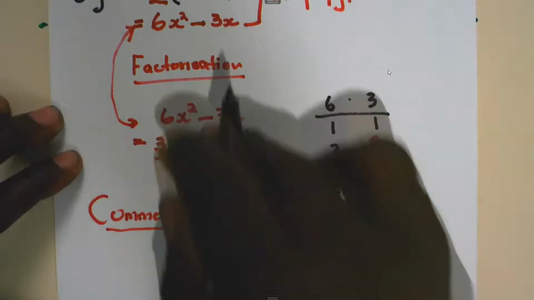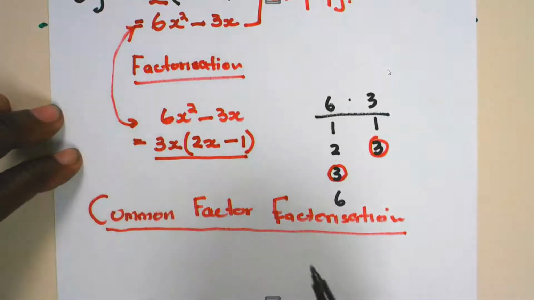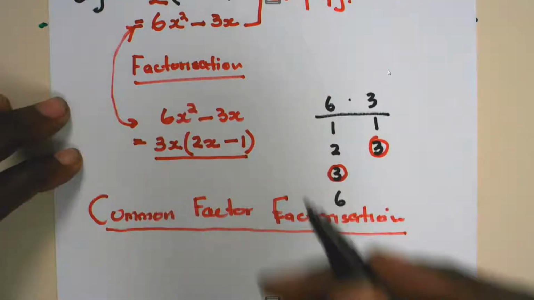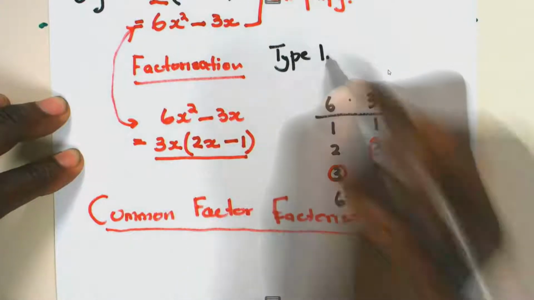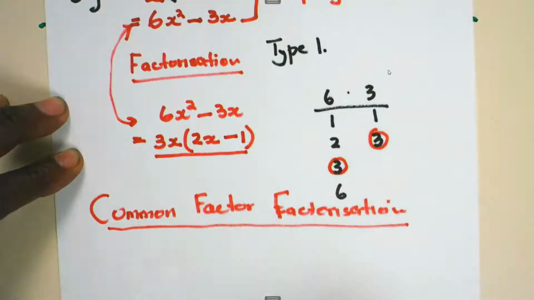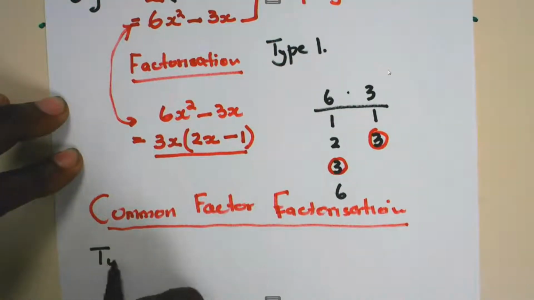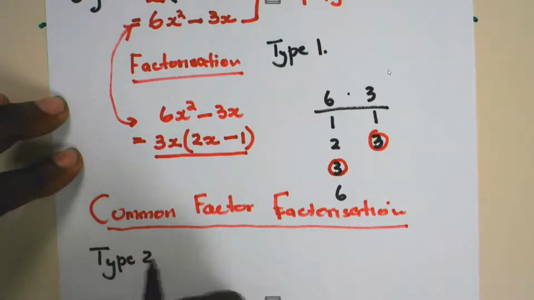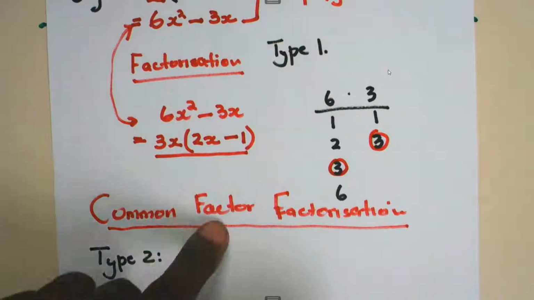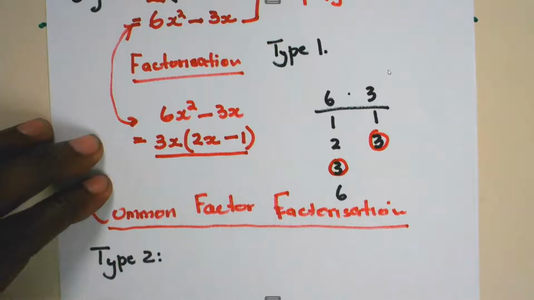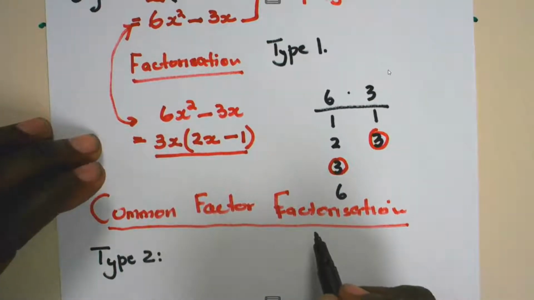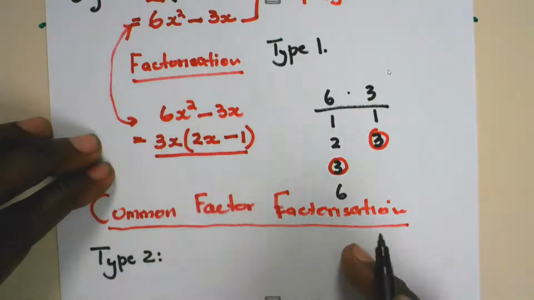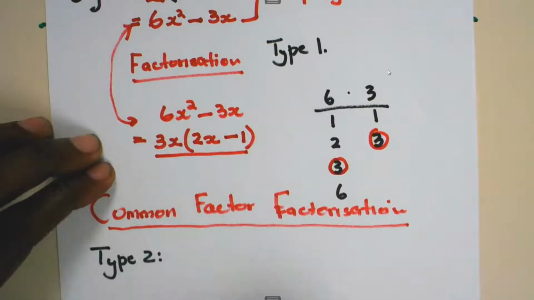We have already started with the first one, type 1. Type 2 is also a common factor factorization, but that one includes brackets. It's the same factorization, but it includes a bracket.